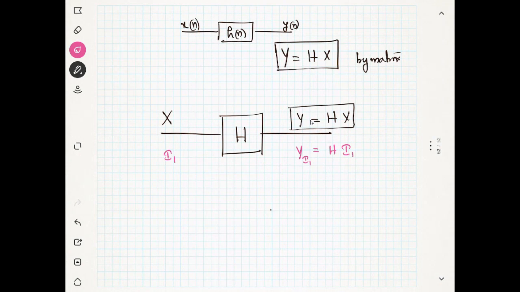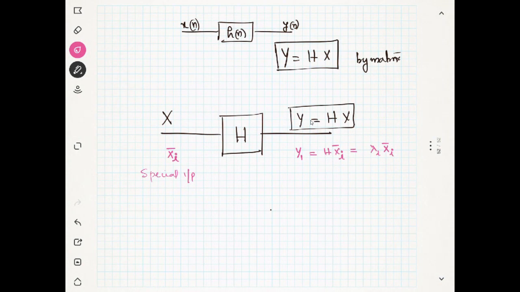But this holds only for some special inputs, not all inputs. For such a special input, I get the output h into xi, but you can see the same input appears at the output, multiplied with a number which is lambda I.